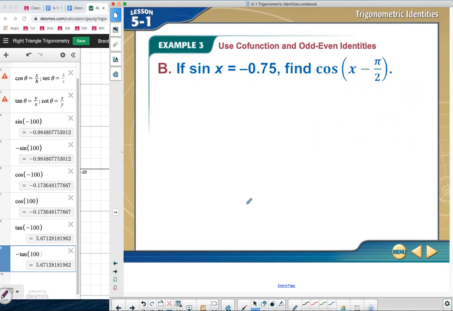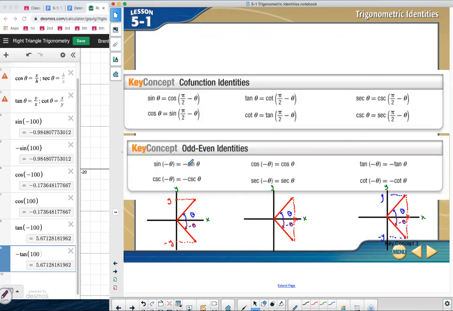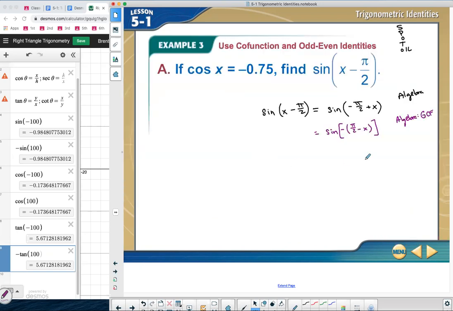So if I go to the even odd chart, I have sine negative theta is equal to negative sine positive theta. So what does that mean for here? That means I have sine negative, and again, envision this as theta.